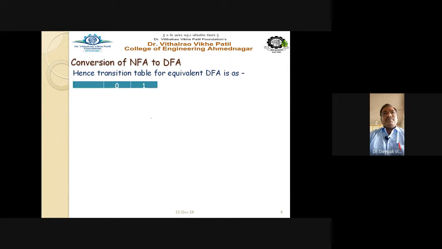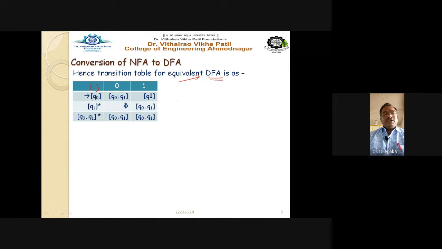hence the transition table for the equivalent DFA. While writing the transition table for the DFA, you have to take care that all the states are written in square brackets, and square brackets indicate your DFA, whereas curly brackets indicate states in an NFA.